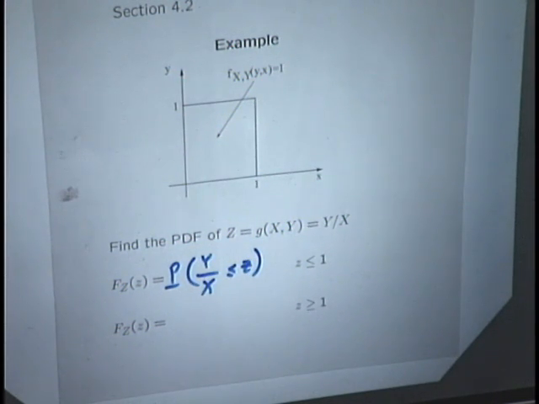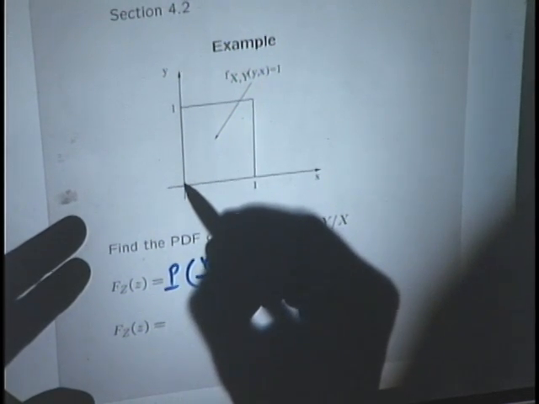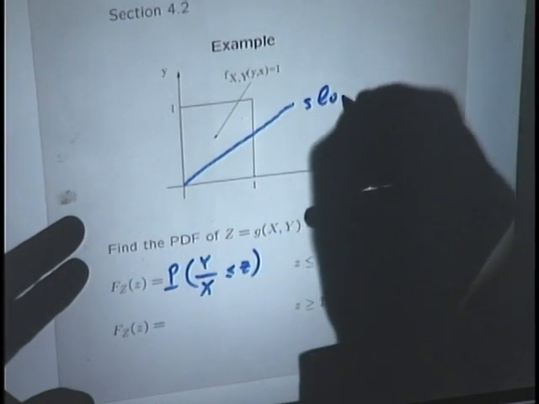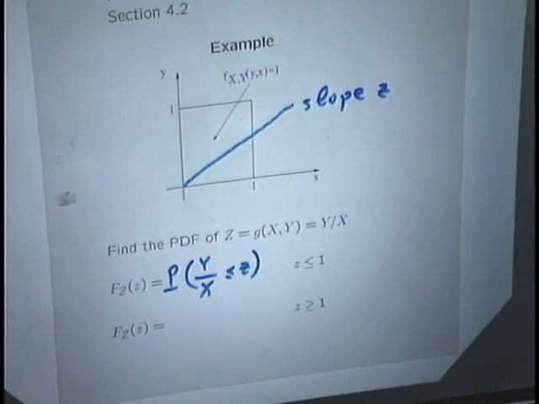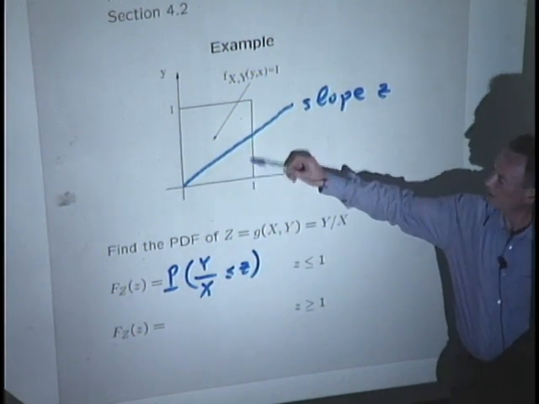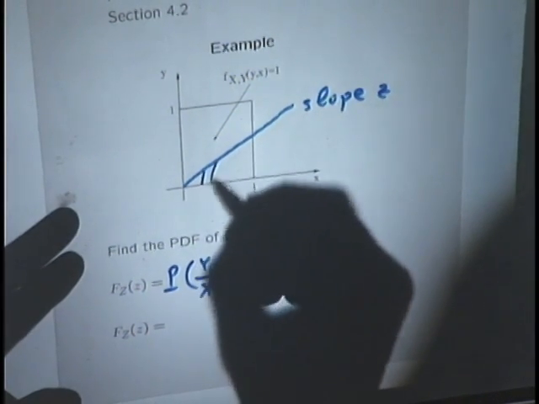The ratio is going to be less than or equal to z if and only if the pair xy happens to fall below the line that has slope z. So we draw a line that has slope z. The ratio is less than this number if and only if we get a pair of x and y that falls inside this triangle.